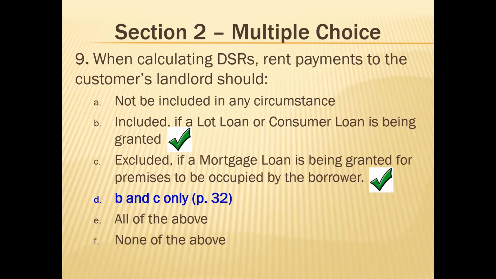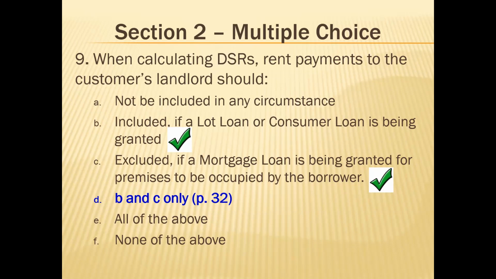Again, look at page 32 in your text. If the person is paying rent, the rent will not fall away if they're getting a loan or consumer loan. However, if they're getting a mortgage loan for a residential property they will occupy themselves, such as a duplex or triplex, the rent will fall away because the mortgage payment would kick in. So that's B and C only.